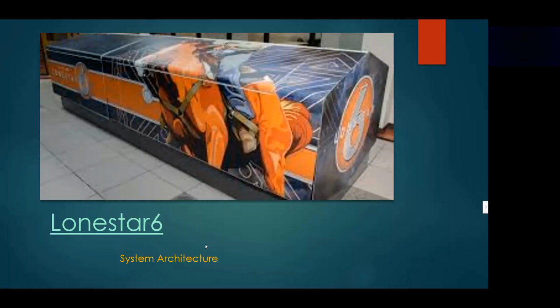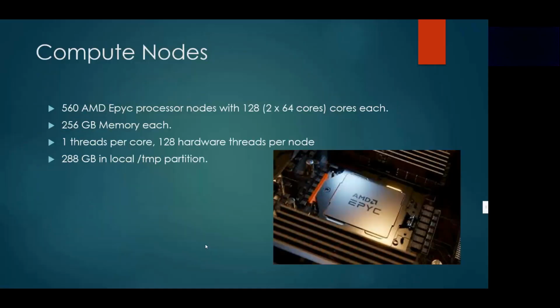Look at the Lonestar architecture. Lonestar uses AMD CPUs. Stampede3 is Intel, Lonestar is AMD. The first partition has a total of 560 computers, using AMD EPYC processors, and each node has 2 CPUs.